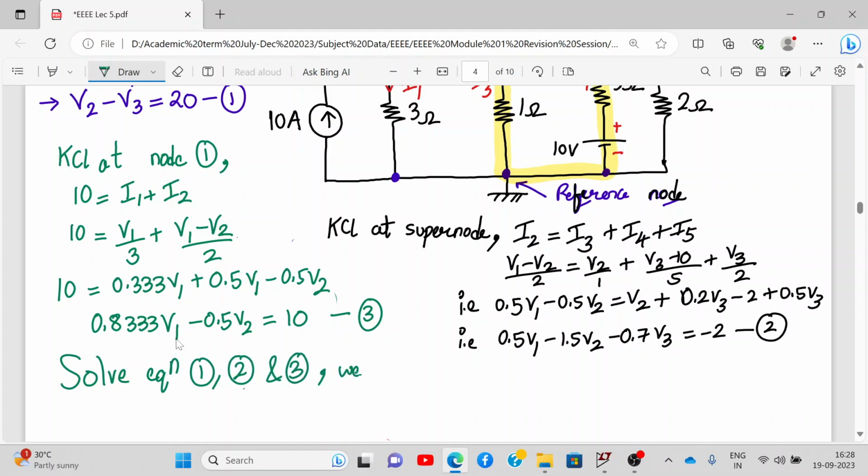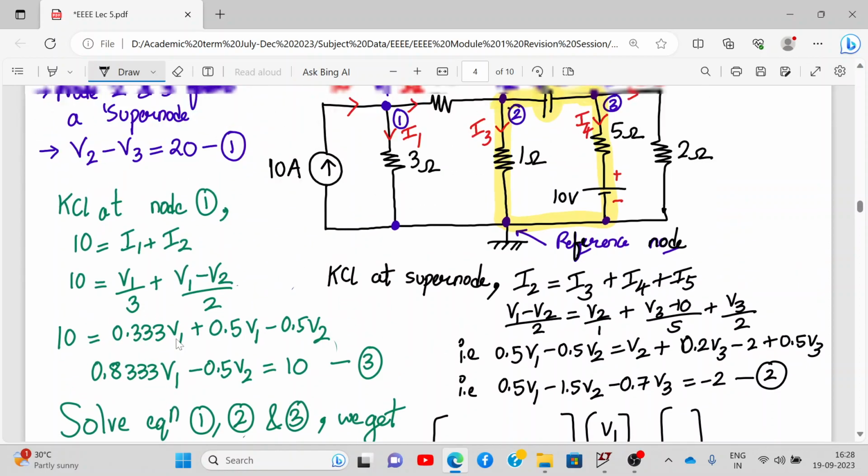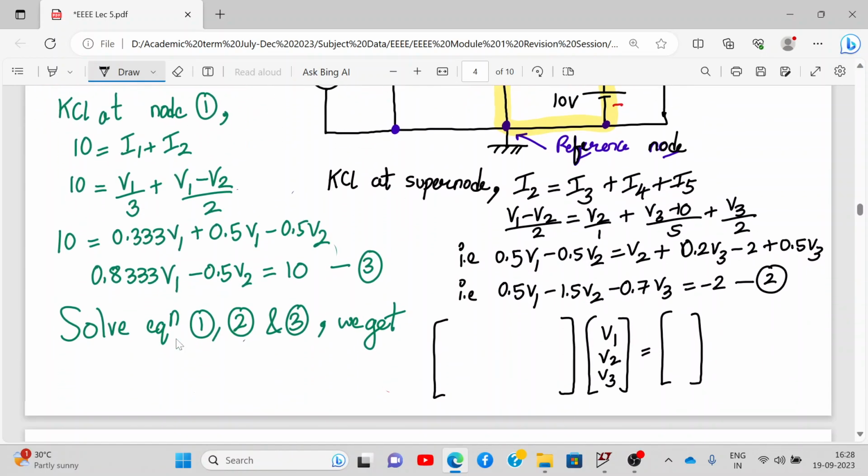So we need to take help of the calculator now. So let's write these equations in matrix form. So let me write it over here. Write V1, V2, V3, and then here the coefficients will come. Equation number 1, we have a coefficient of V1 as 0, V2 as 1 and V3 as minus 1.